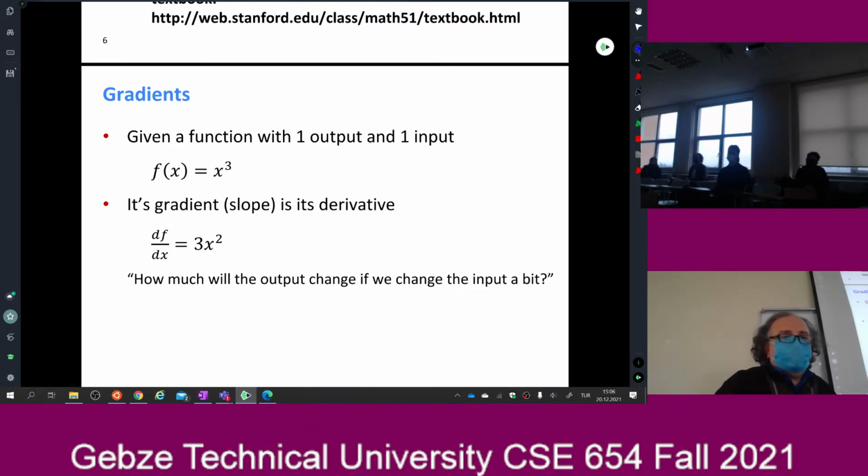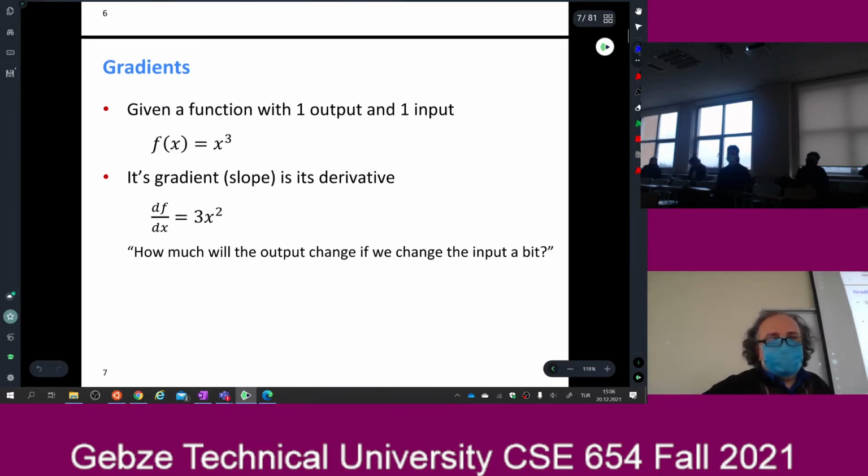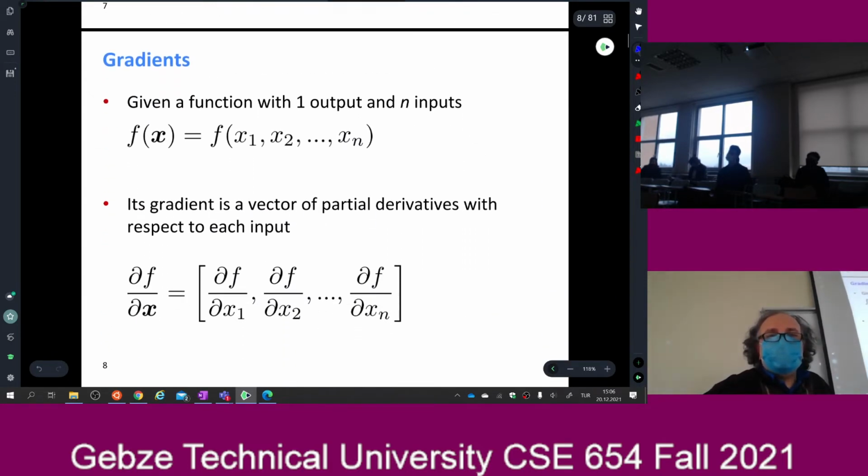But we are not dealing with single dimensional functions anymore, okay? We are dealing with these kind of functions, okay? We have n dimensional functions. Our functions are going to be 160 dimensional functions, etc. How do you take the derivative of it? Okay, well, this one doesn't depend on a single x.